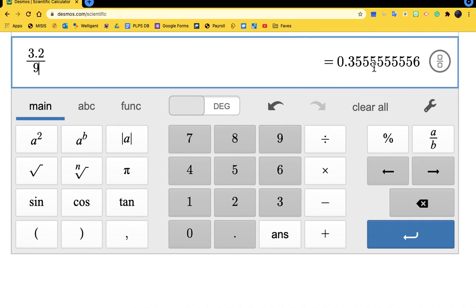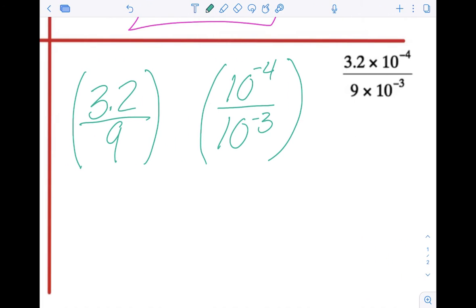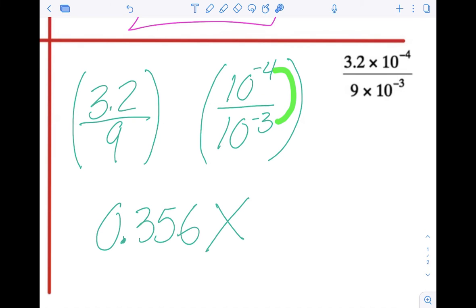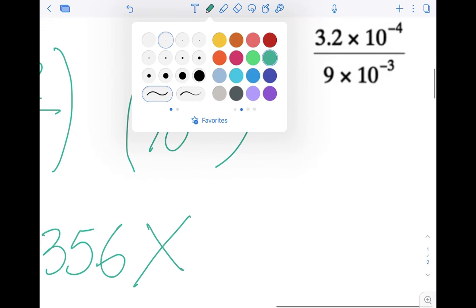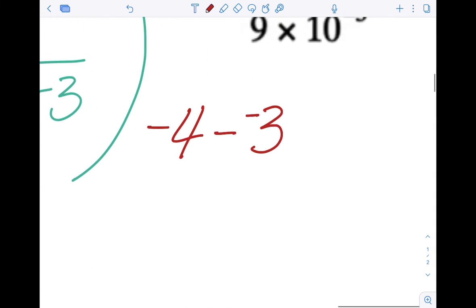3.2 divided by 9 gives us 0.35 and a bunch of 5s, right? So I'm going to stop at 0.356. So I'm going to say 0.356, just like that, times, right? So here, remember, when I'm dividing the same base, I can subtract the exponents. So here on the side, I'm doing negative 4 minus negative 3.